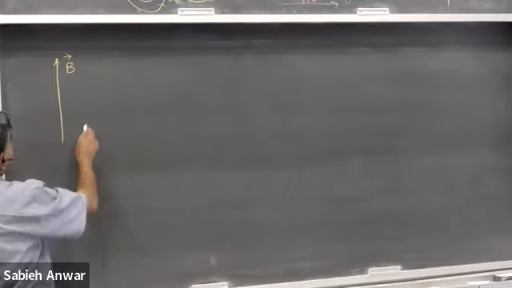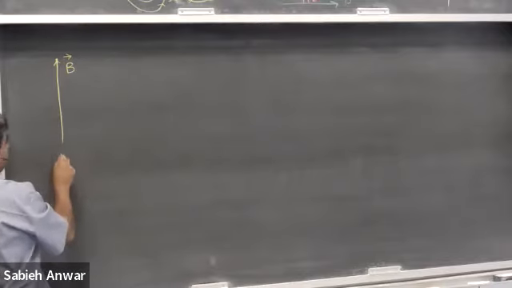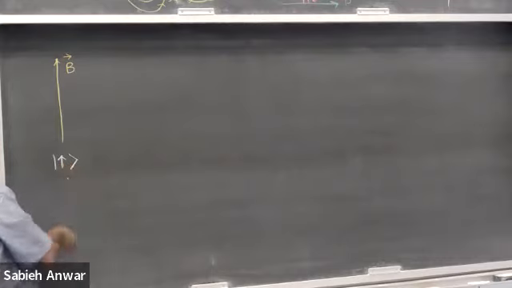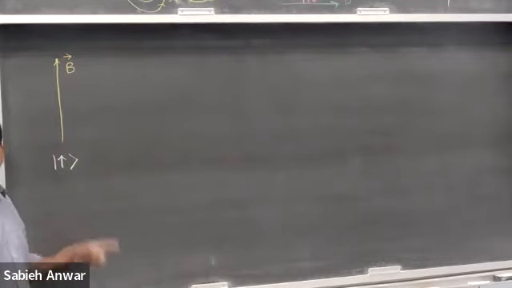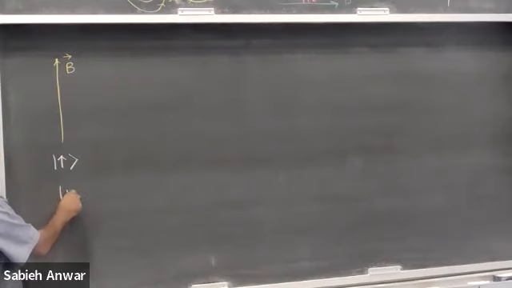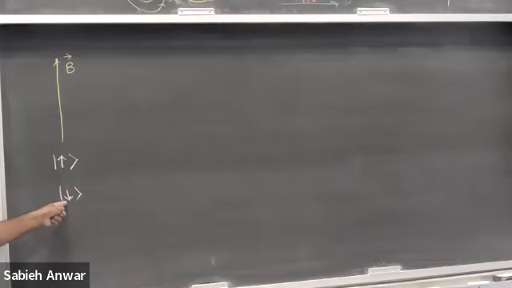There is a possibility that my wave function is just up. I start off with this wave function. It's already aligned with the field. Nothing is going to happen. If I start with this spin orientation, it will eventually align itself with the field because it wants to lower its energy, but it's not going to rotate.